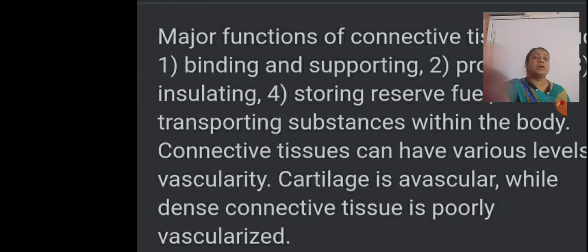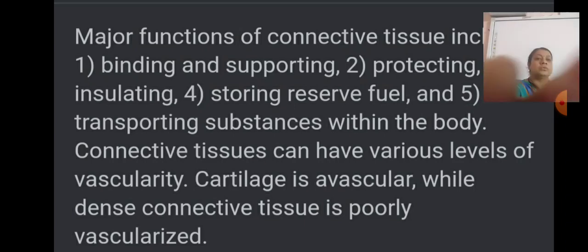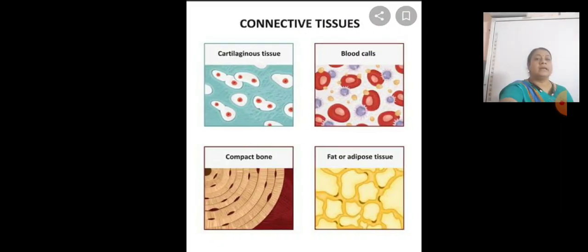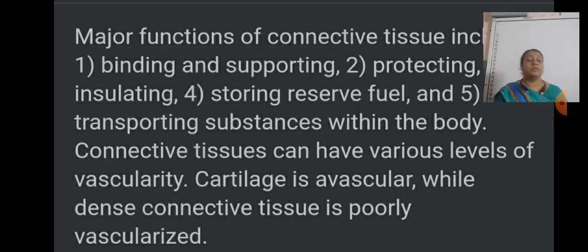Now next is your connective tissue. According to its name, connective tissue is mostly found where two parts of the body are connected. The main functions of connective tissue are binding and supporting, protecting, insulating, storing reserve fuel, and transporting substances within the body.